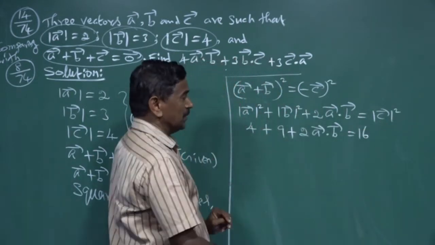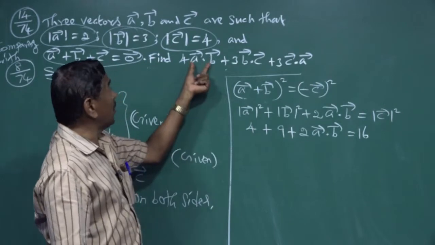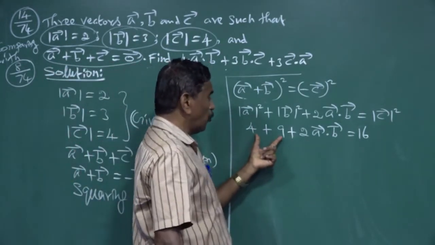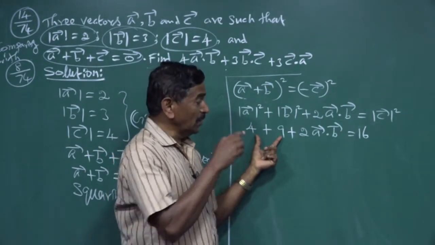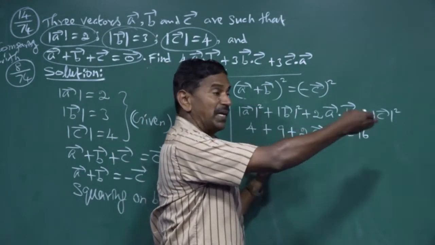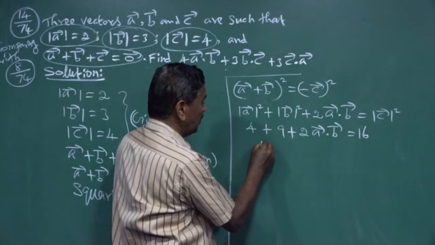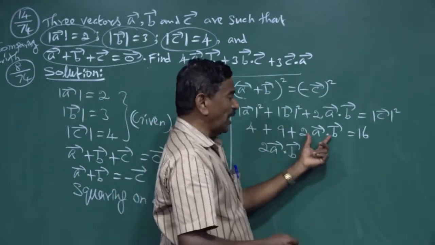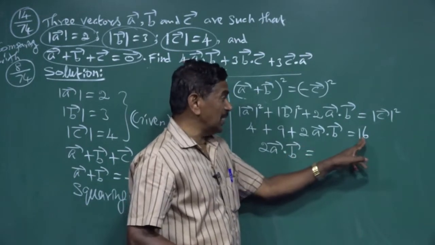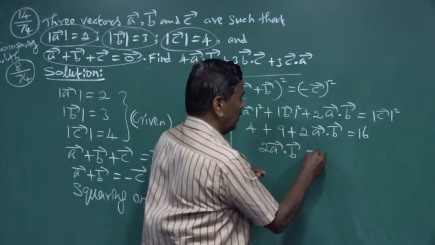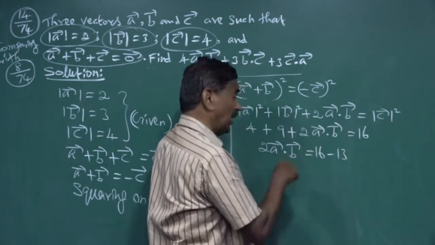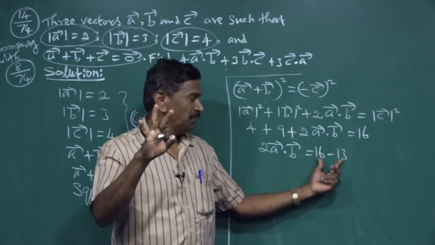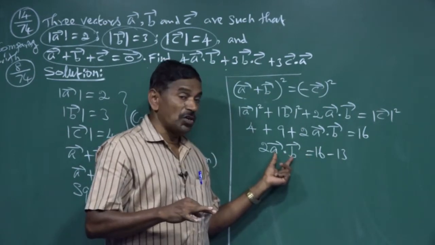Now just a simplification. I want to find A vector dot B vector equal to something. Now see, 4 plus 9, 13. 13 goes to right side, minus 13. So 2 A vector dot B vector is equal to 16 minus 13, which is 3.